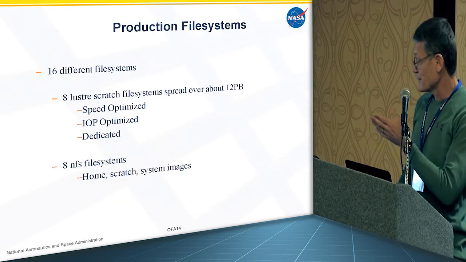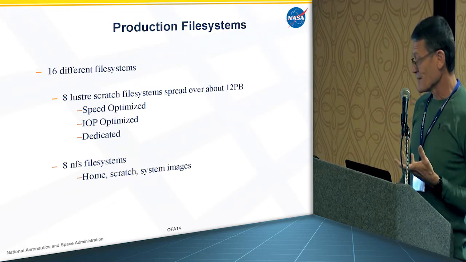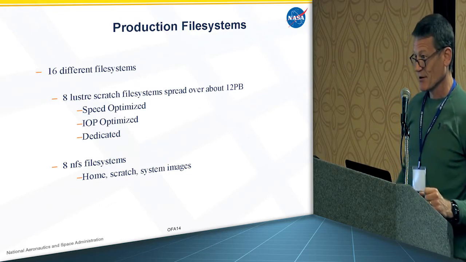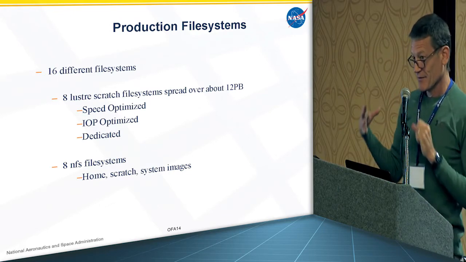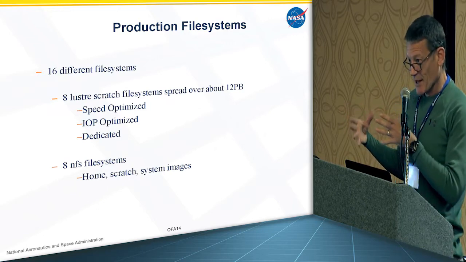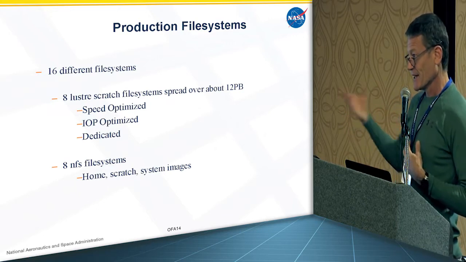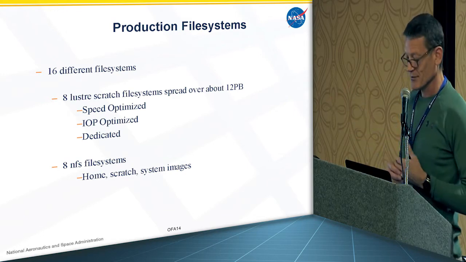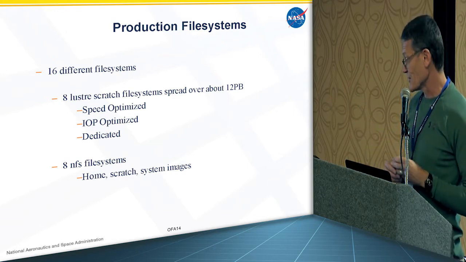So the production file system, we have 16 different file systems. Right now our increment for a file system is about 8 petabytes. So the next one we buy will probably be about 8 to 10 petabytes worth of storage.